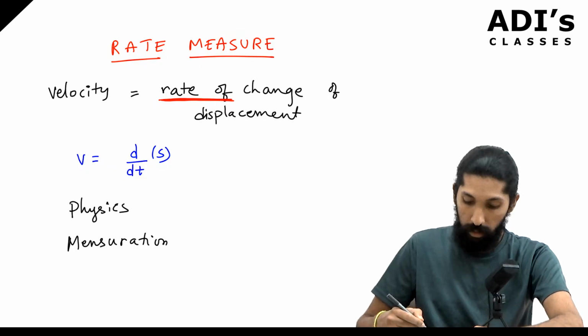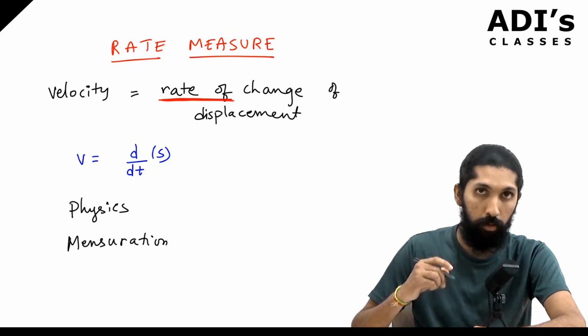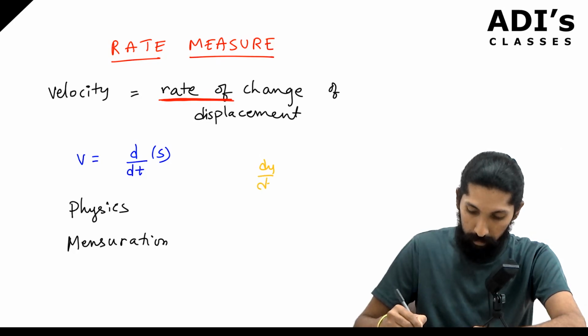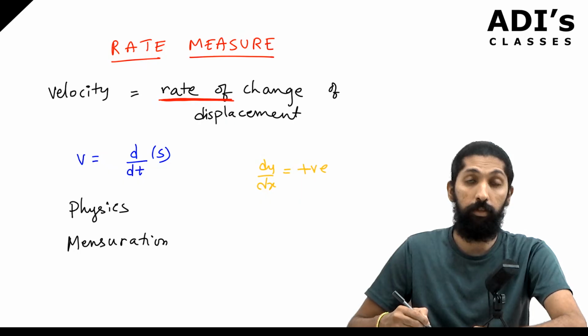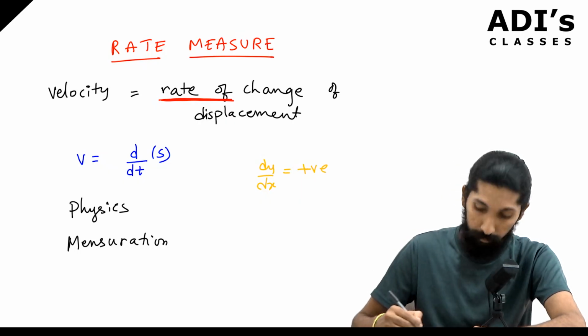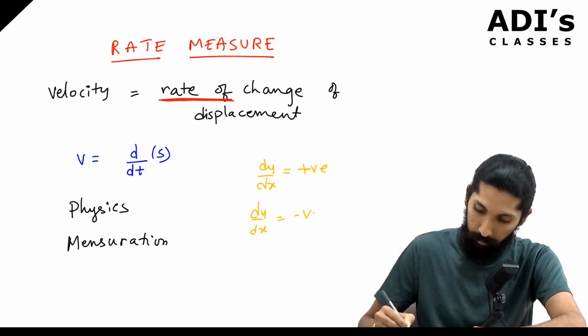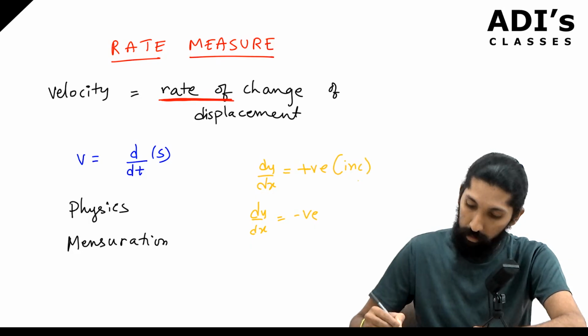So, whenever we talk about this, there is one important thing. Suppose the rate of change is positive, then the derivative, that is dy by dx, is positive. If the change is negative, then dy by dx becomes negative. Clear? This is for the increasing part, this is for the decreasing part.